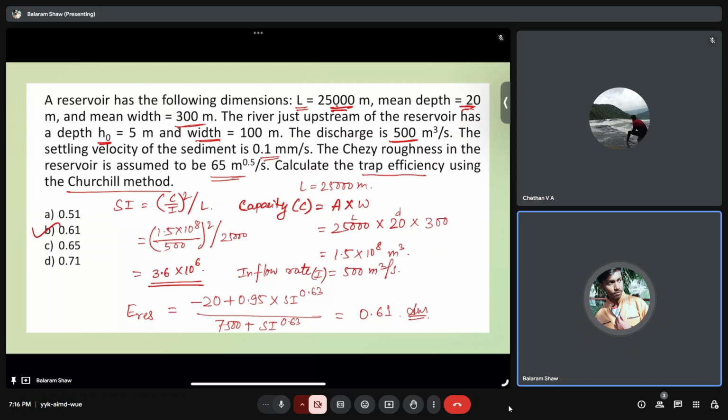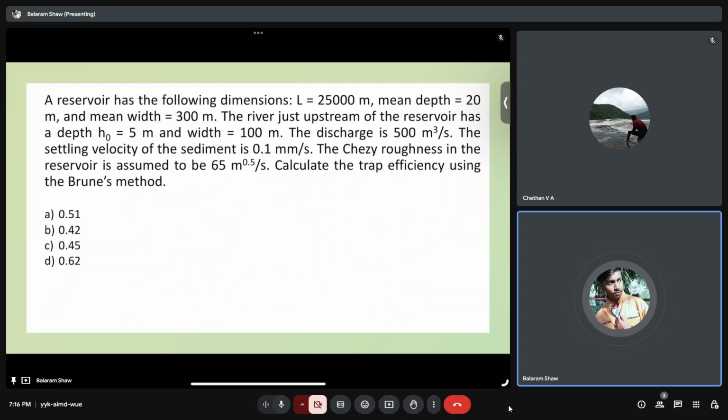You guys got the same answer. Anyone? Any questions, any doubt here, or any steps that you didn't understand? Okay, if not, we'll move to the next question.